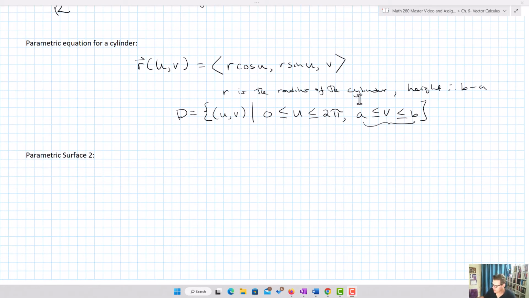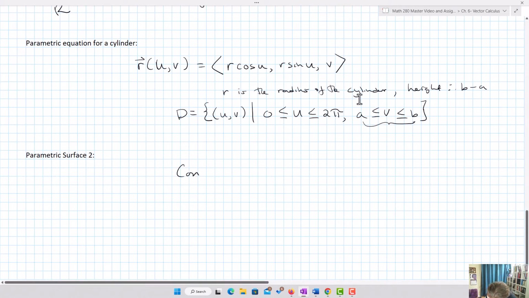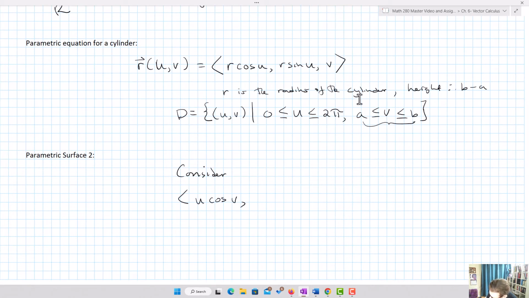Let's take a look at another surface. Let's consider this surface here. It's going to be u cosine v, u sine v, and then we'll use u squared. What we're going to do is constrain u and v, this is going to be our domain.